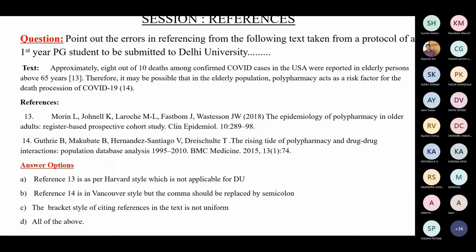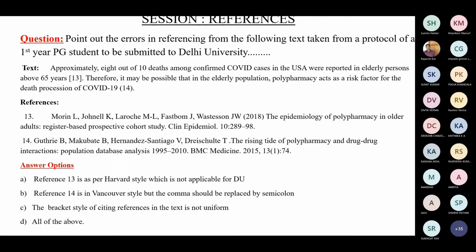So Dr. Kritika, you are right, because reference number 13 is not as per the Vancouver style, which I just elaborated. The Harvard style I did not elaborate because it is not applicable for DU. Reference 14 is in Vancouver style, but just after the year 2015, instead of a comma, there should be a semicolon.